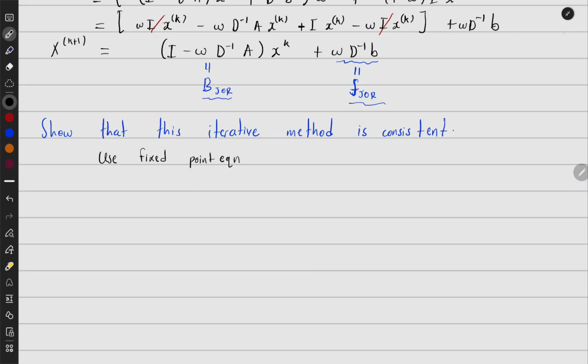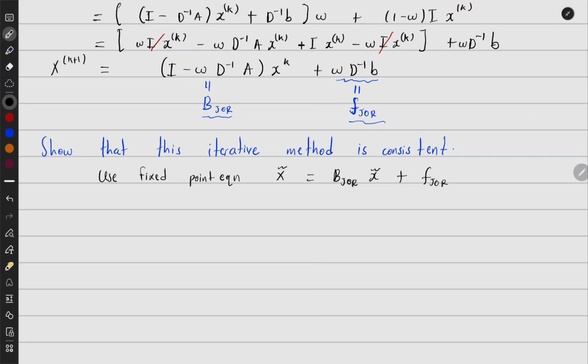So I use the fixed point equation written in that way, where x bar is the exact solution. I just want to show that the fixed point equation reduces to A x bar = b.